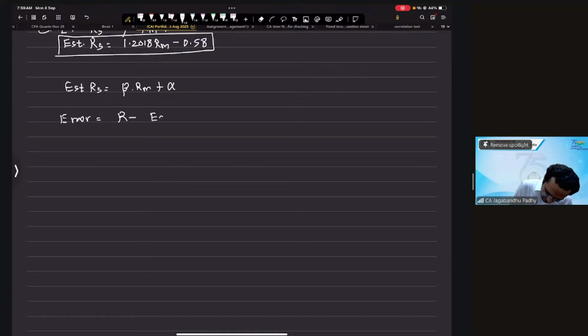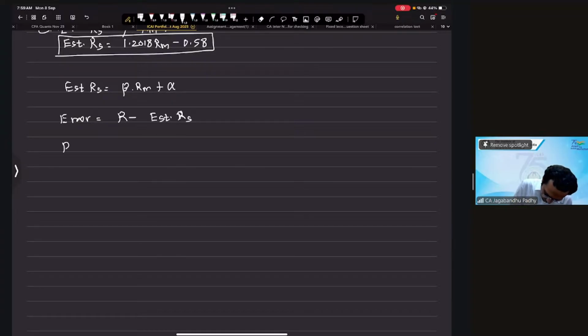Now, coming back to our security, we said that the estimated return of security is beta into RM plus alpha. We know that the error was the return of security minus the estimated return of security.